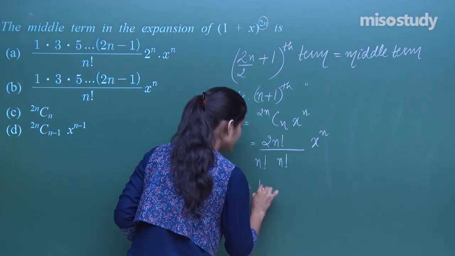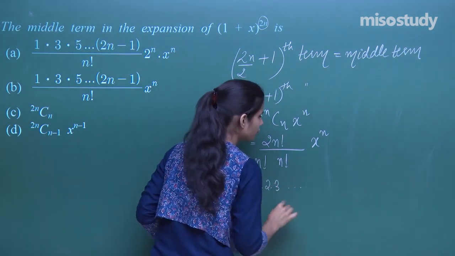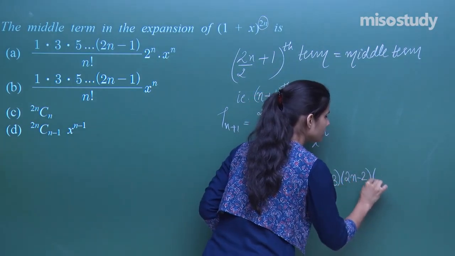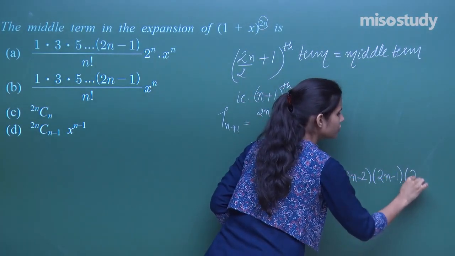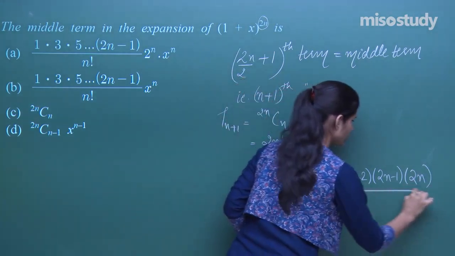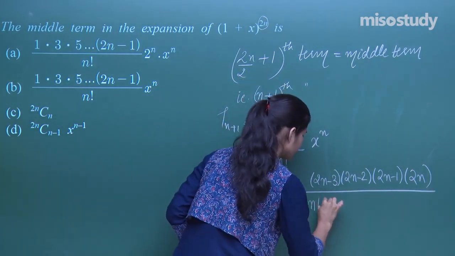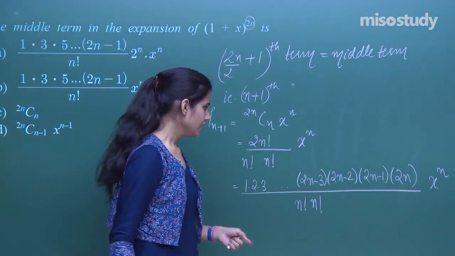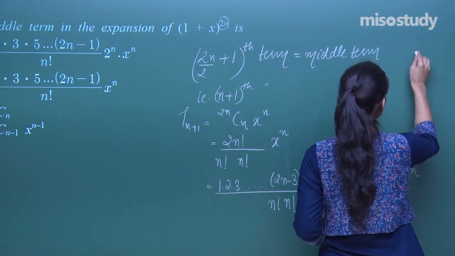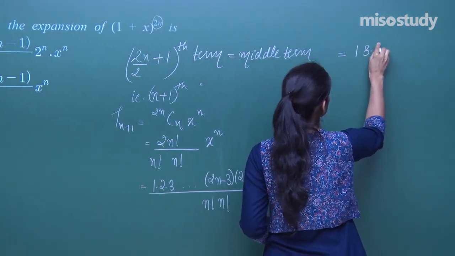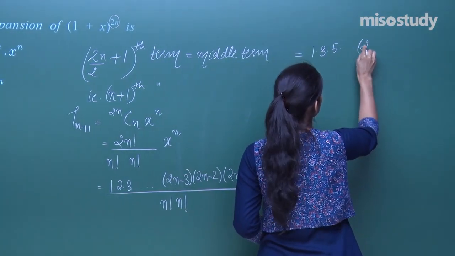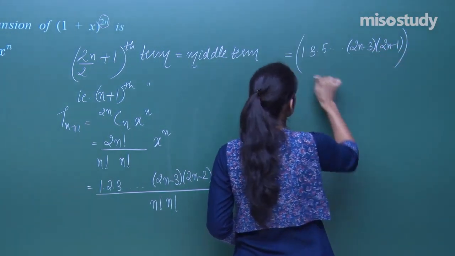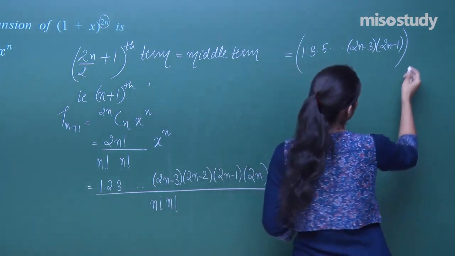Now 2n factorial can be written as 1 into 2 into 3 into 4 and so on, 2n minus 3, 2n minus 2, 2n minus 1, 2n, whole upon n factorial into x to the power n. Now I can alternatively write this as 1 into 3 into 5 and so on, 2n minus 3, 2n minus 1, all the odd terms together, multiplied by all the even ones.